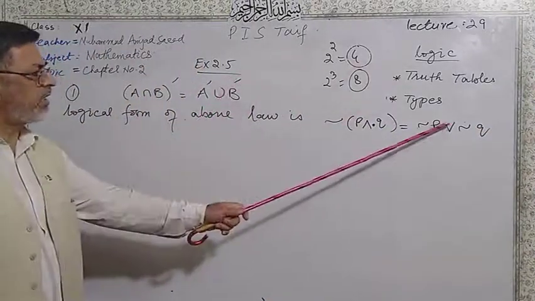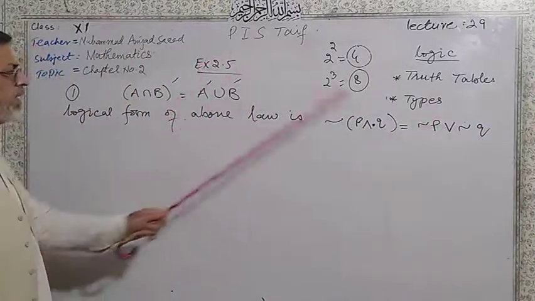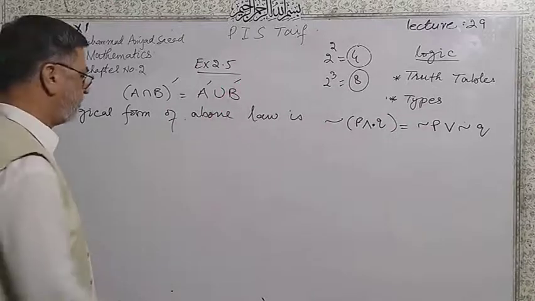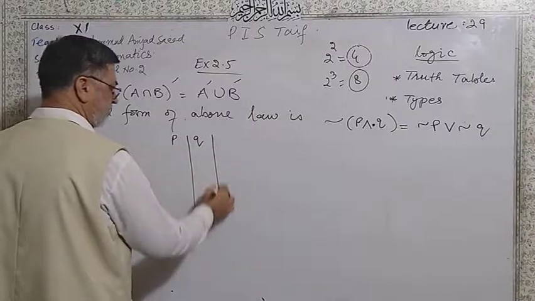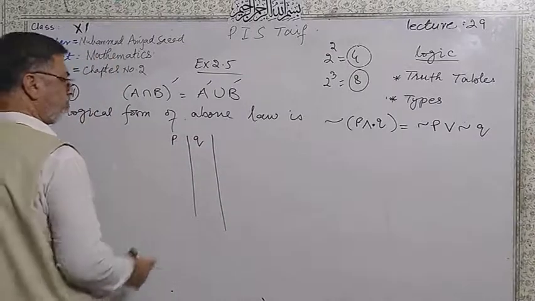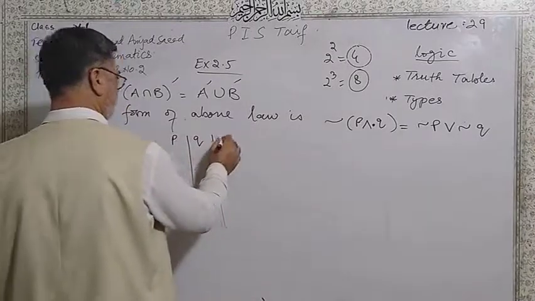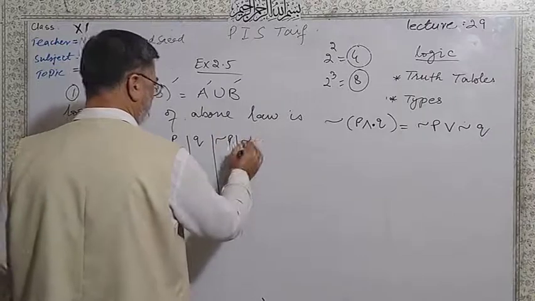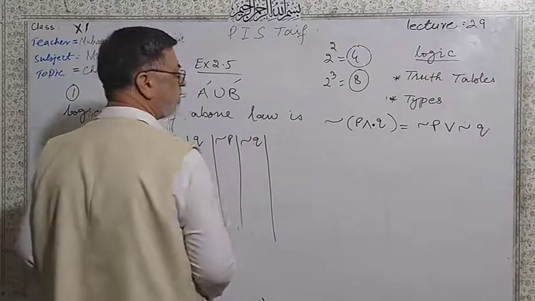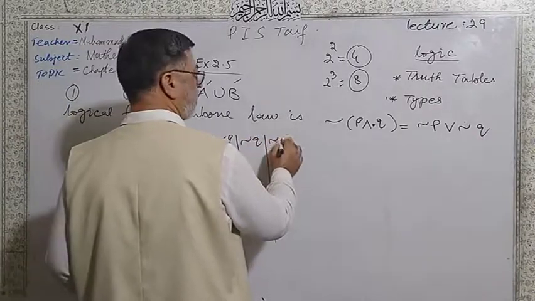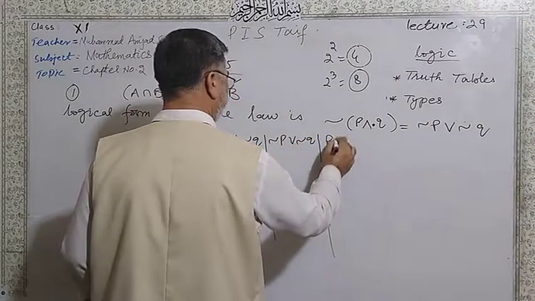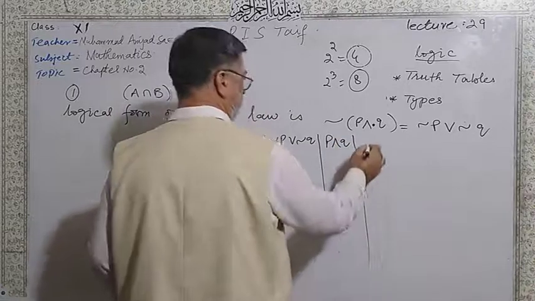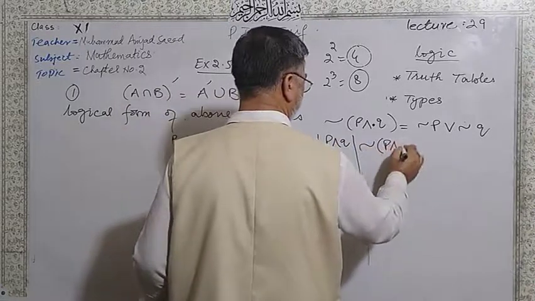Union is this one, or. Not P or not Q. So here we will take the truth table: P, Q, not P, not Q, not P or not Q, then P and Q, and at the end not (P and Q).